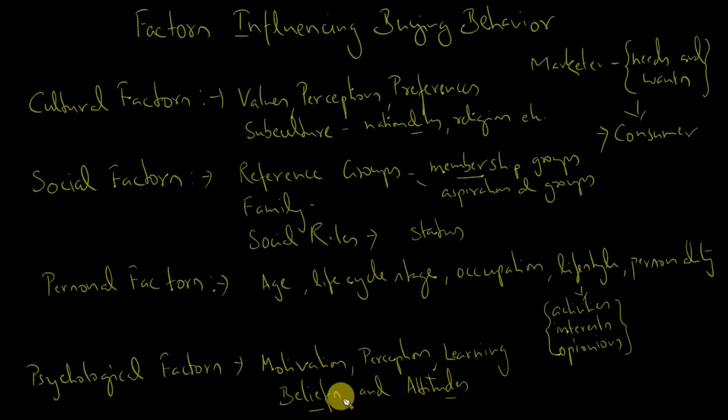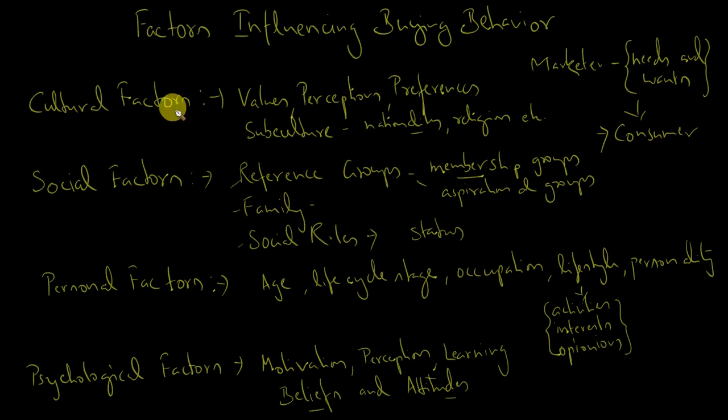So, if a customer believes that a certain brand, like let's say Apple, is very expensive for him to purchase, the customer might not purchase that brand. Similarly, the attitude that Apple's product quality is very good can influence the customer to buy that product.